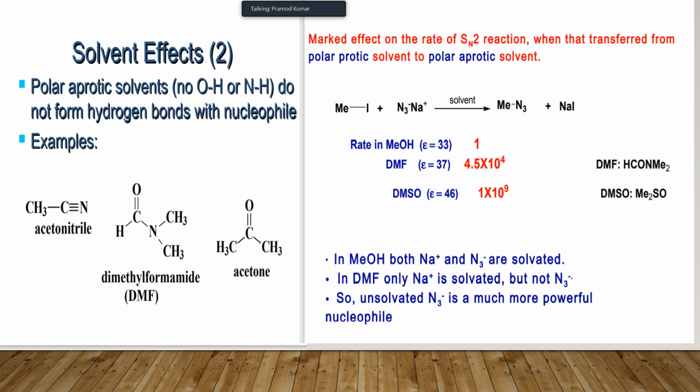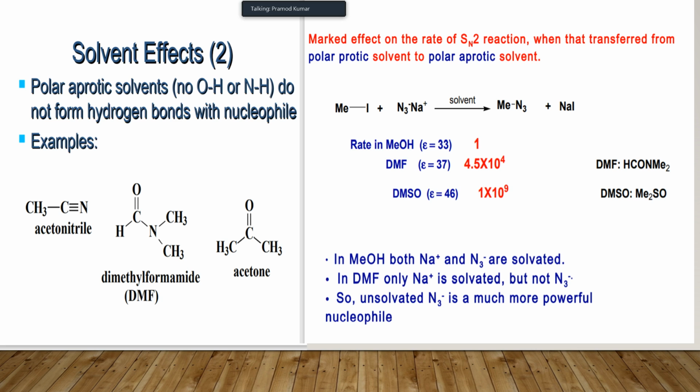Whereas when we did the same reaction in DMF, the rate of reaction increased many fold. So it was found that when you change the solvent from polar protic to polar aprotic solvent, the rate of reaction increases.